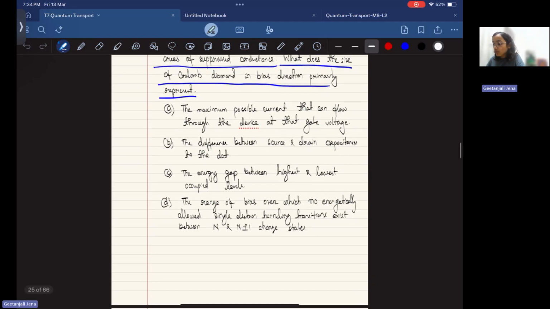Whether it represents the maximum possible current that the device can allow at that gate voltage, or the difference between the source and drain capacitance to the dot, or the energy gap between the highest and lowest occupied levels, or option D, the range of bias over which no energetically allowed single electron tunneling transition exists between n and n plus 1 charge states. What does the size of this Coulomb diamond primarily represent?